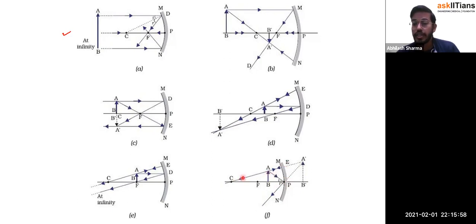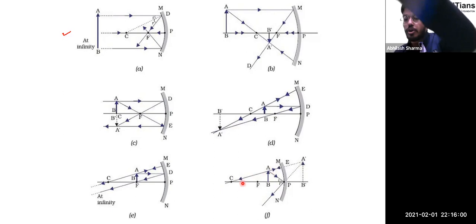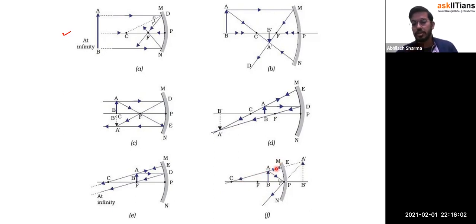And the other one, which is at the head of the object and going through the center, just retraces its path. Now see, if we look at the reflected rays from the mirror, both are actually diverging. There is no chance that they can ever meet. They just keep on diverging. More and more distance will keep on increasing between them. So the only way we can see the image here is by extending them behind like this.